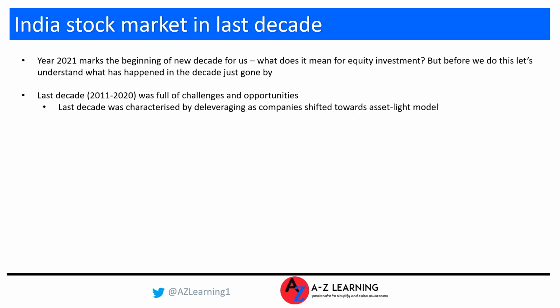First of all, the one particular thing that stands out in the last decade is that most companies started to shift towards an asset light model. The banks became more like fintech companies. Technology companies started to drive some of the traditional businesses.